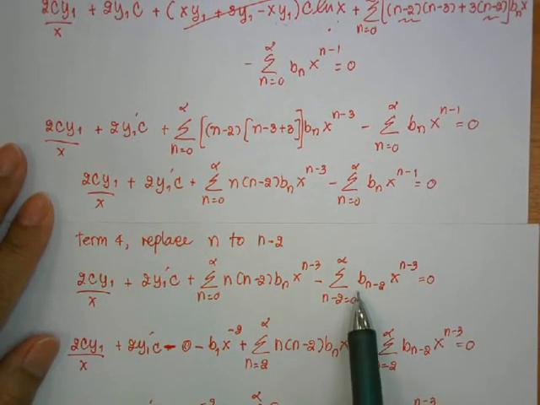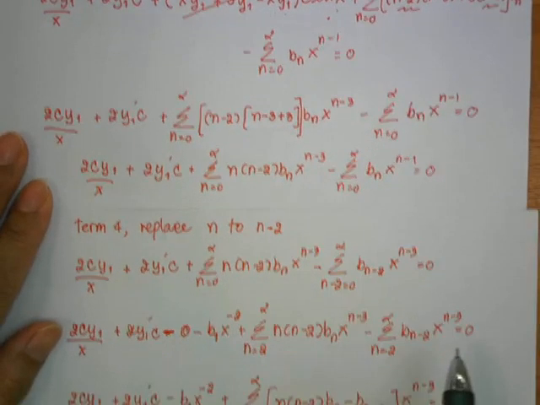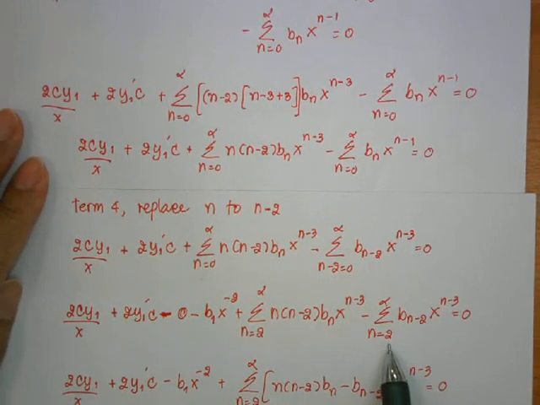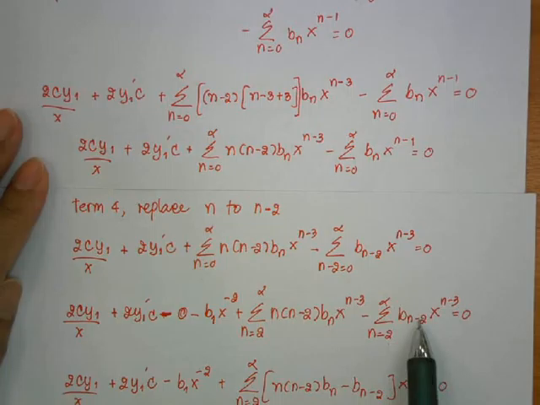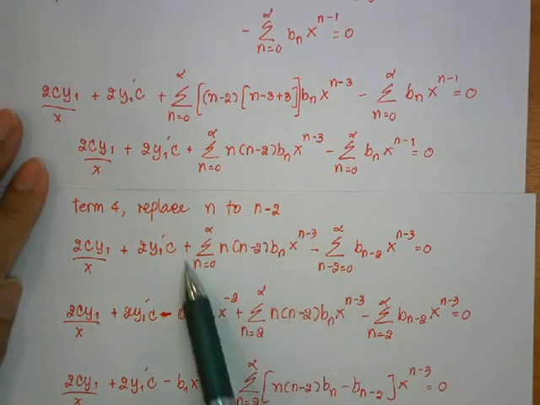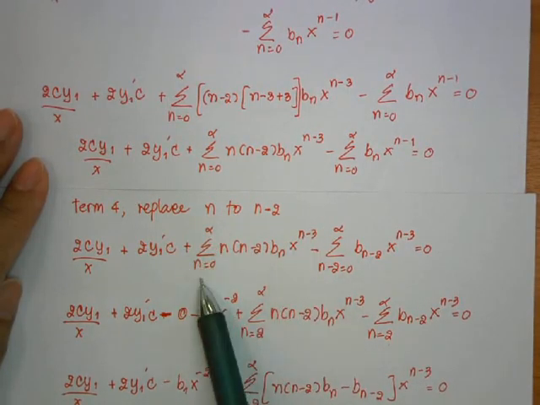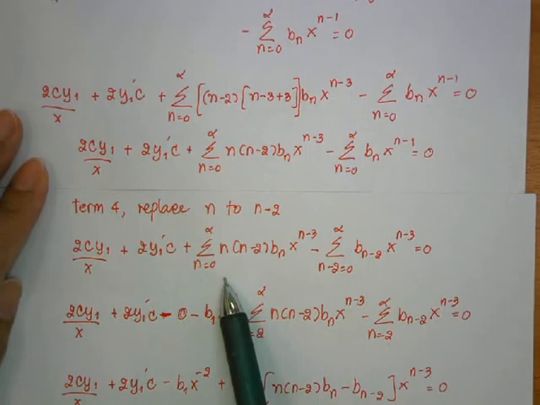By doing that, this term would start from n equal to 2 to infinity. So now x has the same power, but we still cannot combine them unless this term, we change it to n starting from 2 to infinity.